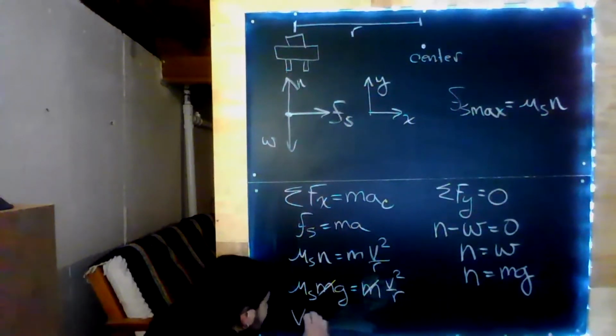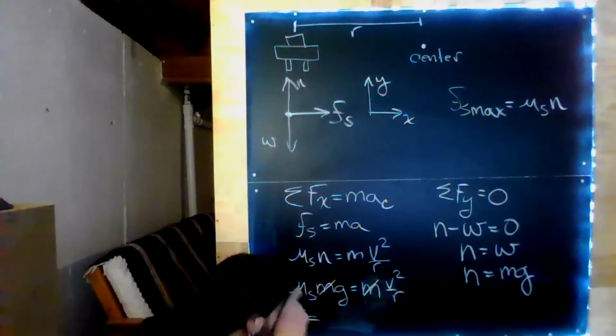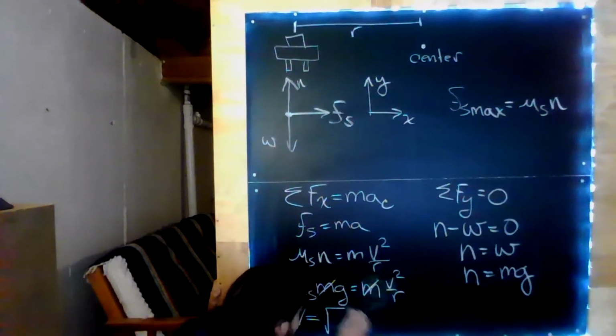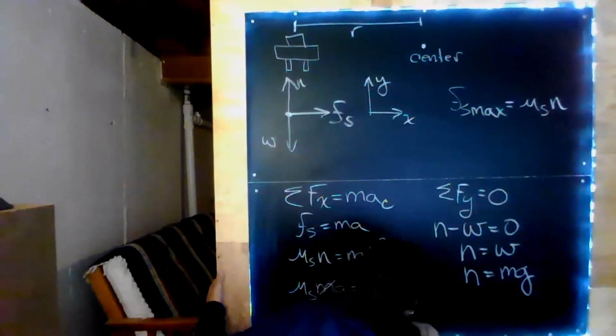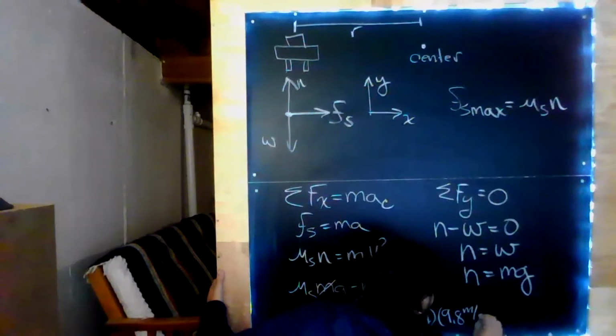So we end up with v equals the square root of mu sub s times g times r. And that equals 0.4 times 9.8 times r.